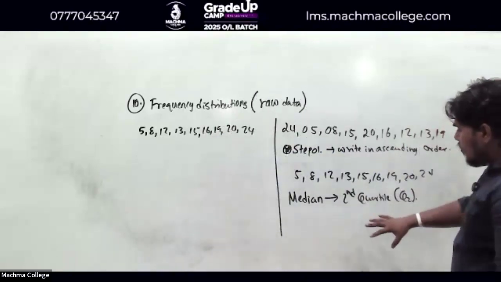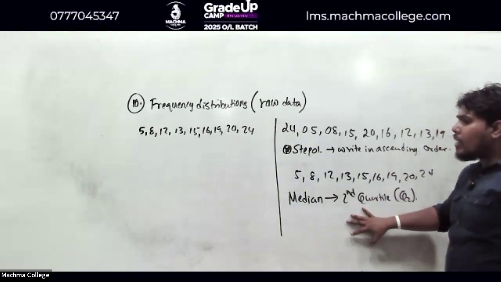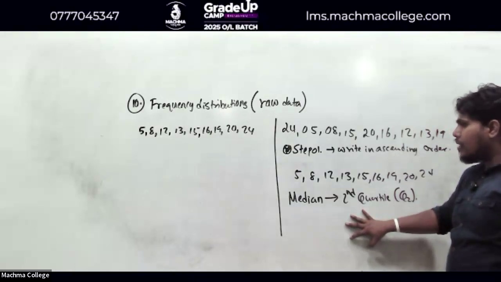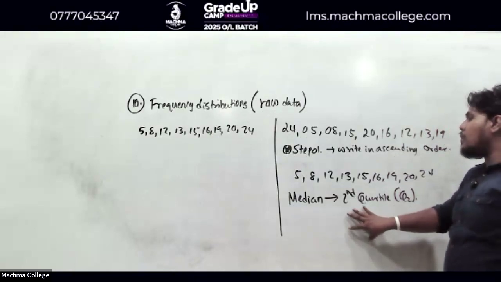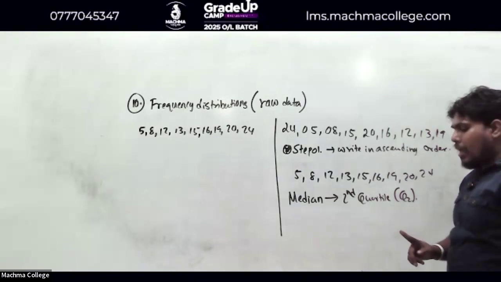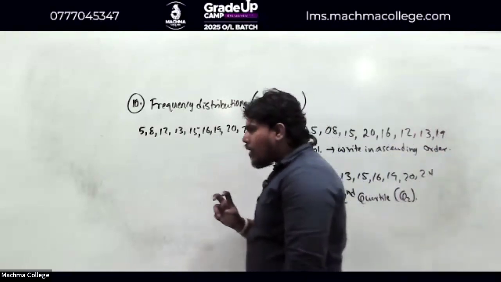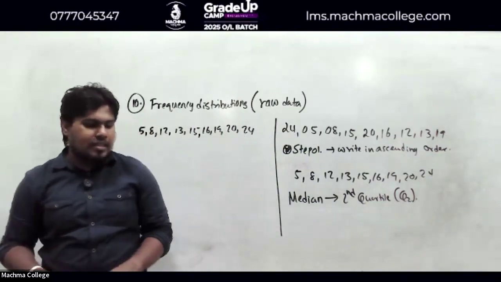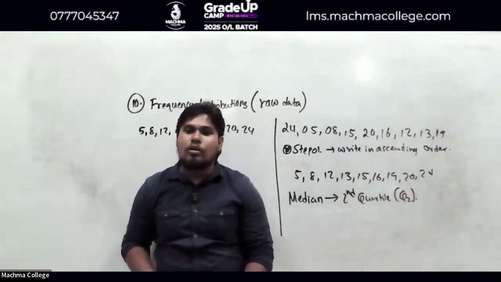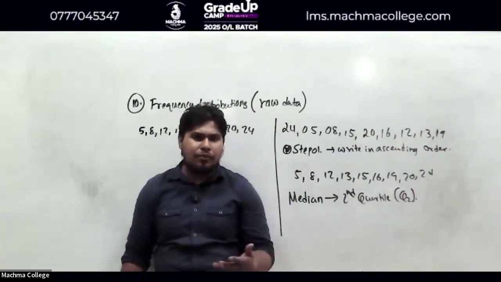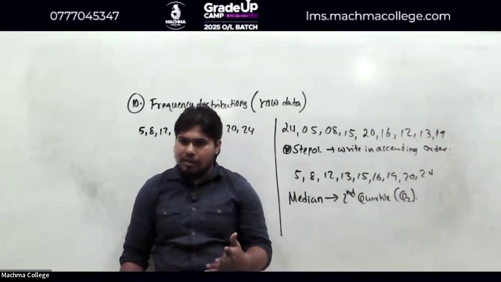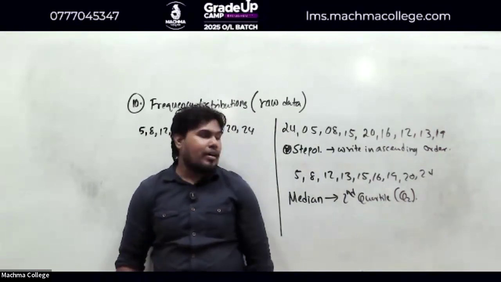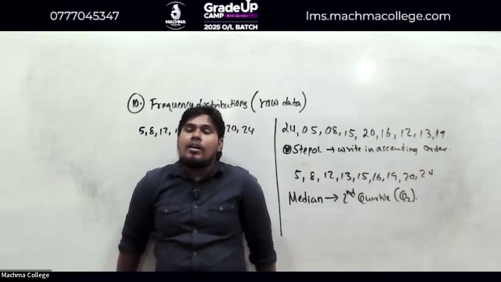Now listen. I'm going to calculate the median, which is the second quartile. Now, most students make this error. The formula that you study, maybe this is in the third term, you online students might not know these. Have you completed frequency distributions? You are there, in the second term, right?